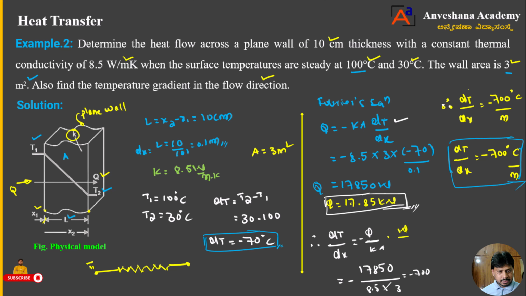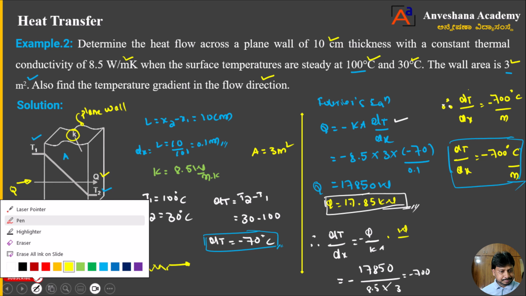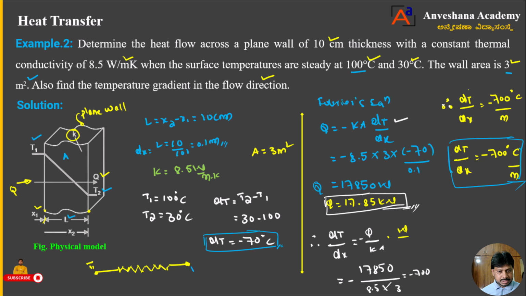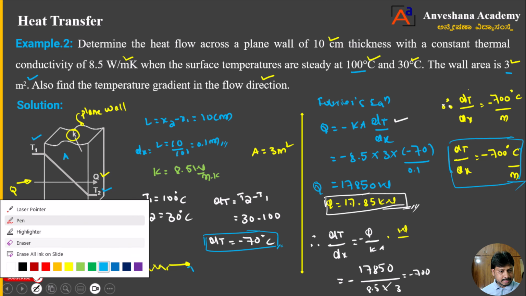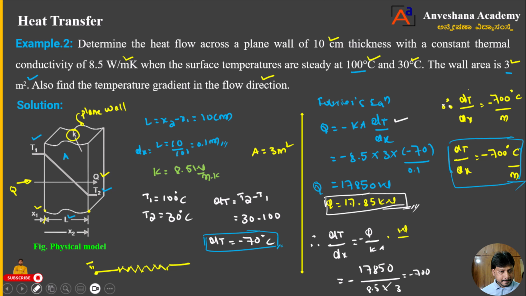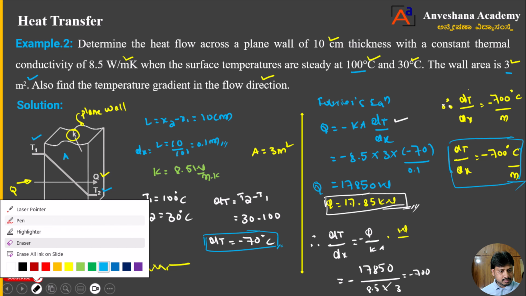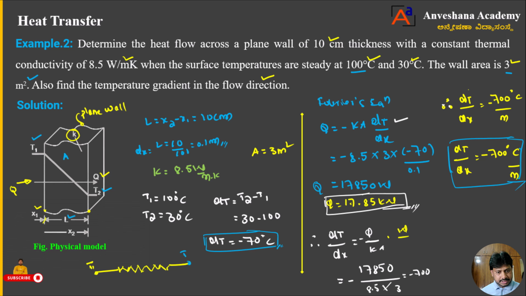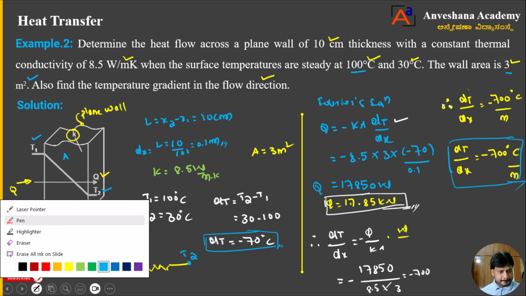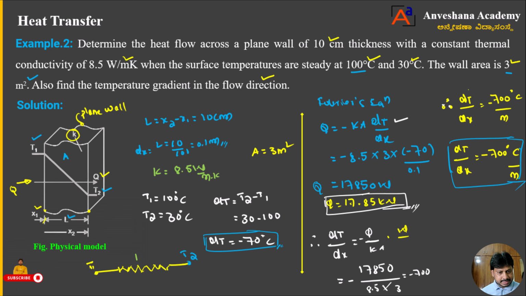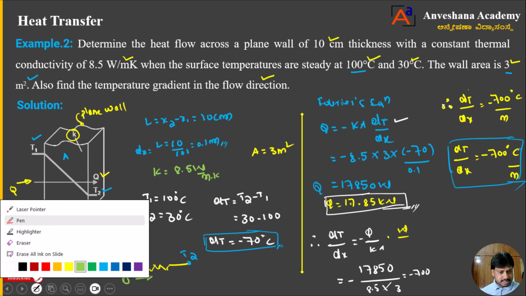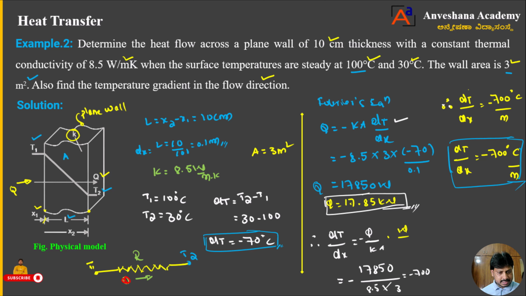Then it is T2 and R. So heat is flowing in this direction. You can show the direction of heat. What is the notation you can give, dear students? You can give notation for heat transfer as Q. Q is moving in this direction.